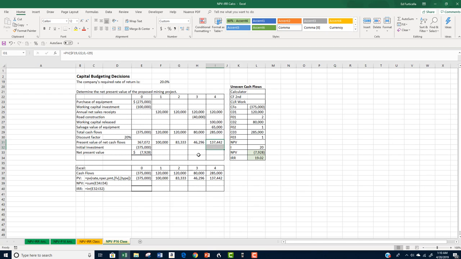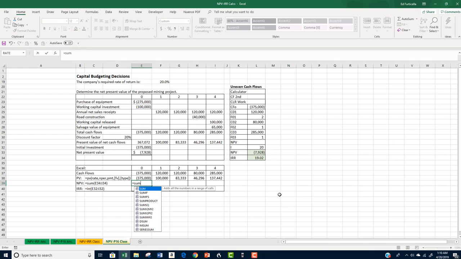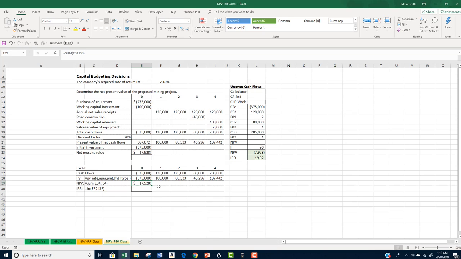The NPV can now be determined by summing time periods 0 through 4. The total will be a negative $7,928 rounded, just as the previous calculation. To determine the IRR, use the formula provided.